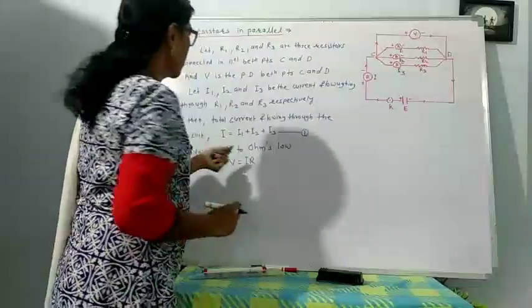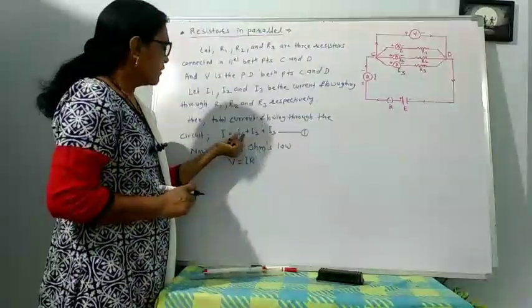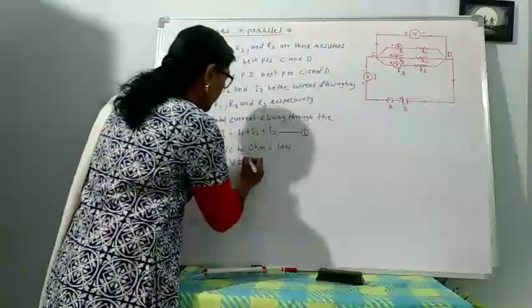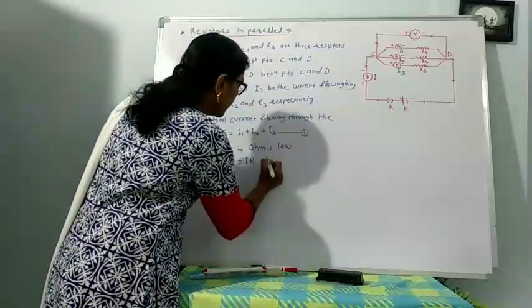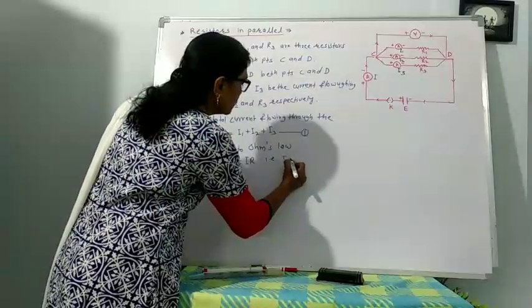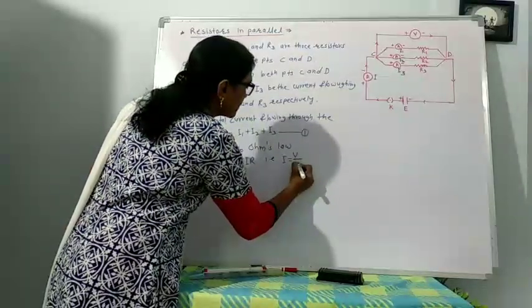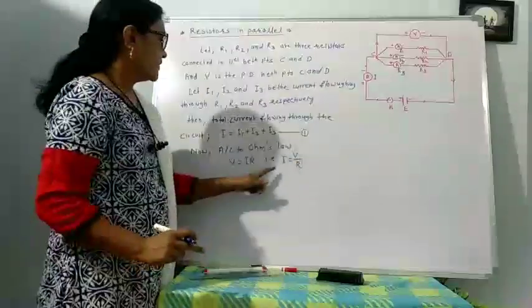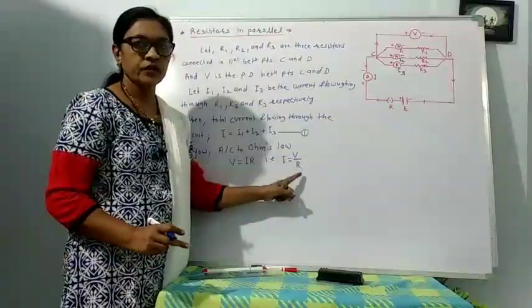So here we need the value of current I. So this formula can be written as I equal to V upon R. V equal to IR means I equal to V upon R.